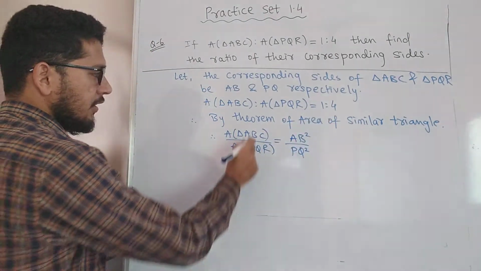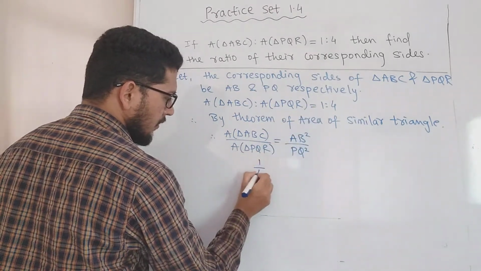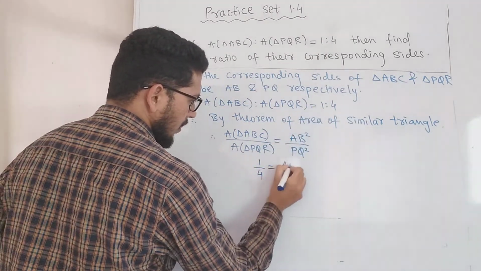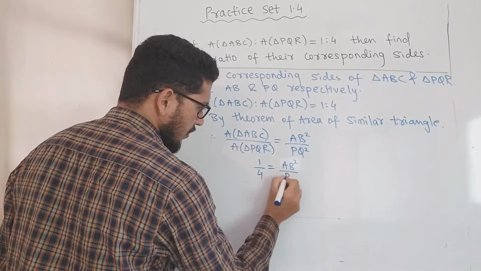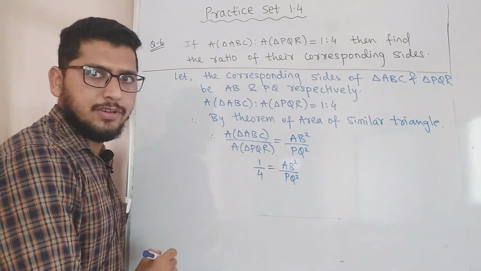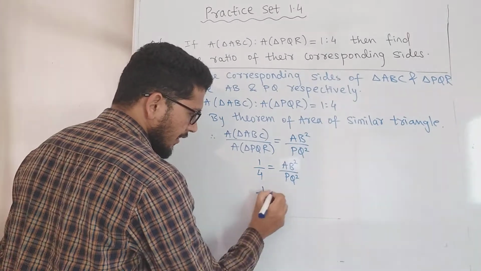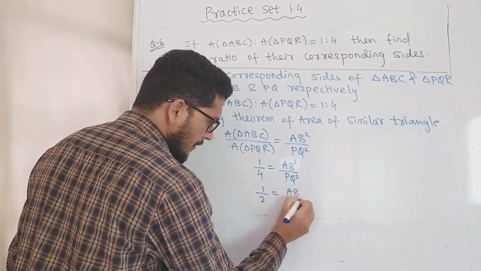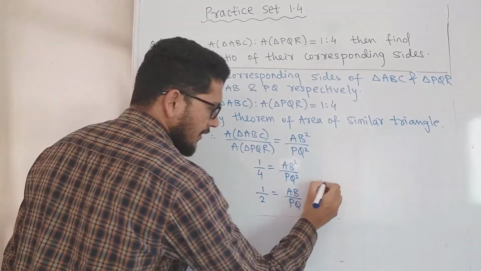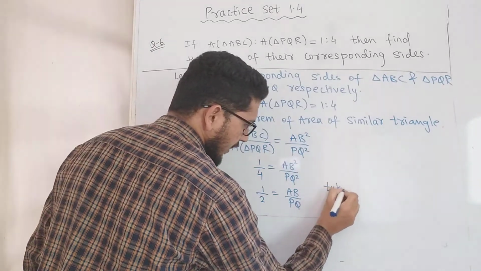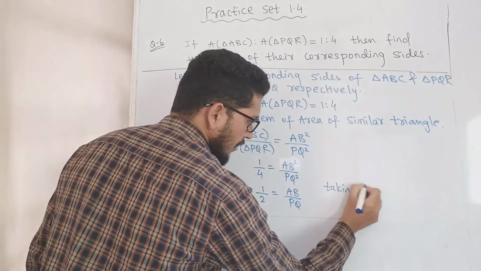Okay, so instead of this we'll substitute the values: 1 upon 4 is equal to AB square upon PQ square. Now we have to take the square root. When you take the square root, 1 square root will be 1, 4 square root will be 2, is equal to AB upon PQ. Yes or no? Here we'll have to write taking square root on both sides.